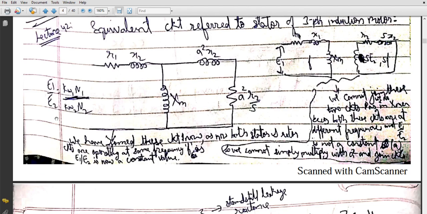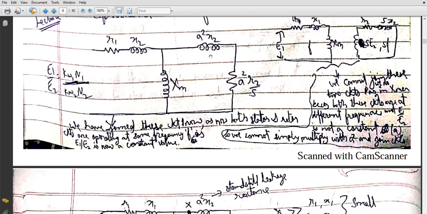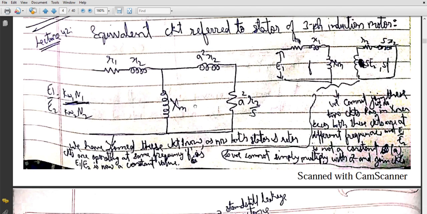E1 divided by E2 is constant, and you can see X2 is no longer S times X2. Why? Because in the imagined circuit, the elements were E2, X2 and R2 by S. So we are multiplying A square into X2 and A square into R2 by S. This is how we are joining these two circuits. This is basically your imagined circuit.